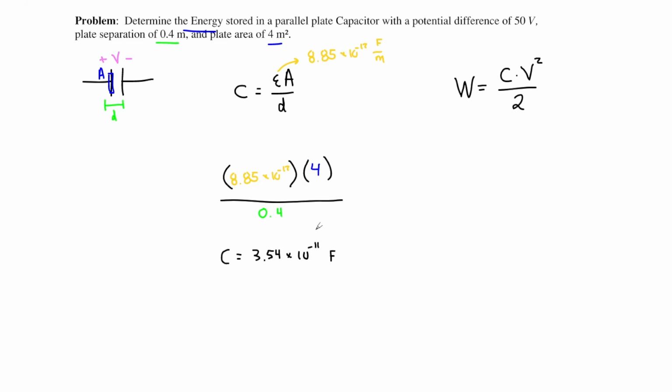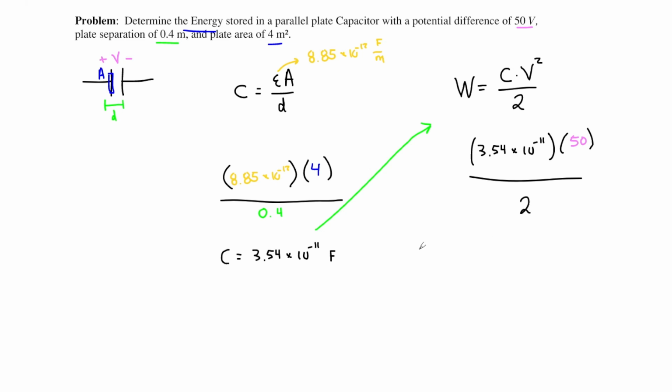Therefore, we can take our capacitance straight into our energy equation. So copying over our capacitance and plugging in the variables given in the problem, we have our voltage of 50 volts squared, multiplied by the capacitance, divided by 2.